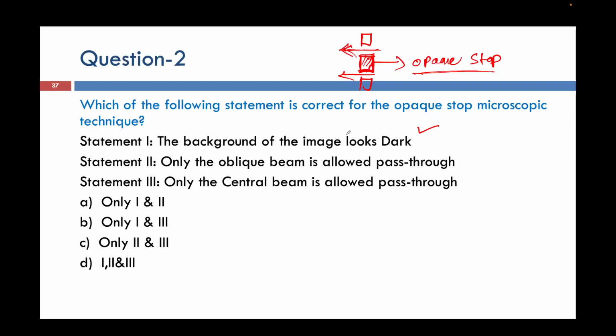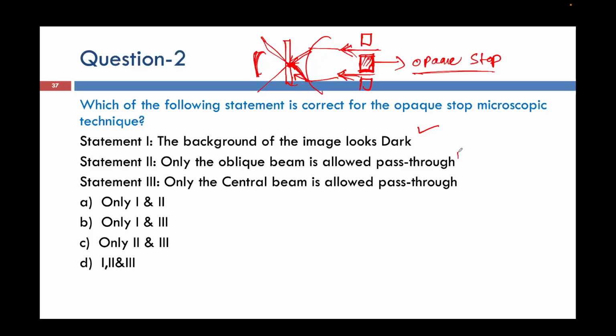Then statement 2, only the oblique beam is allowed to pass through. Yes, that is also true, because the oblique beam is incident on the sample, and from there only the diffracted rays are collected, not the non-diffracted rays.